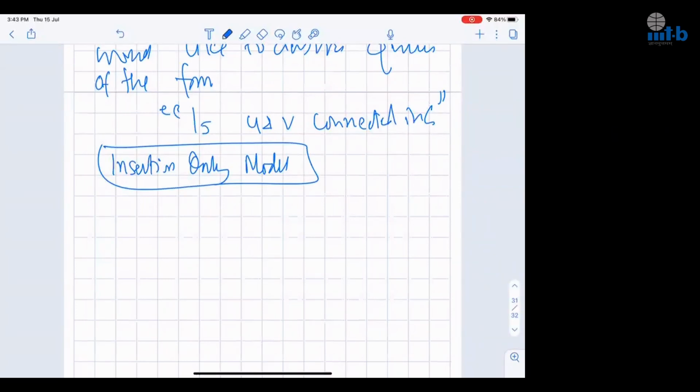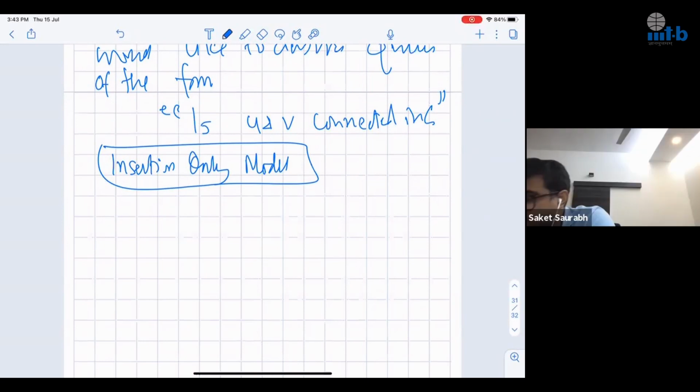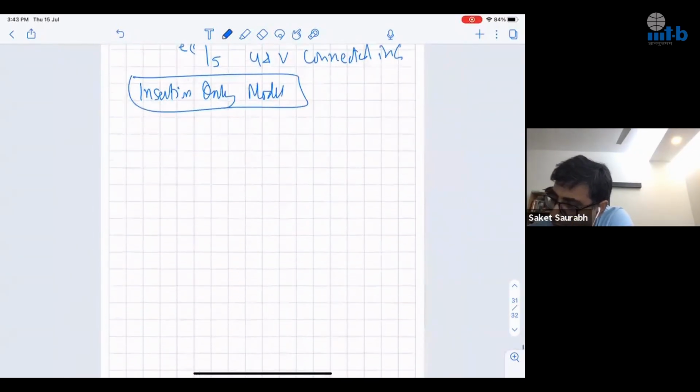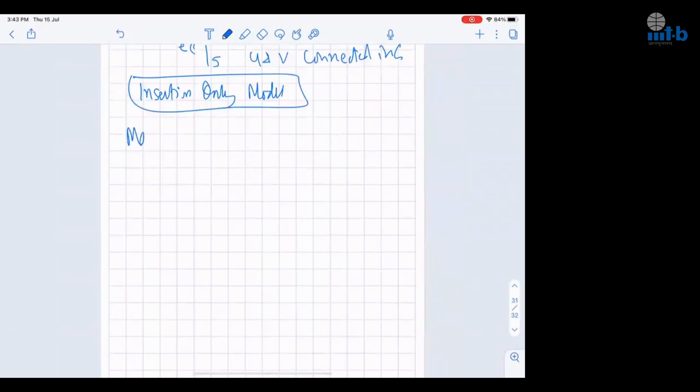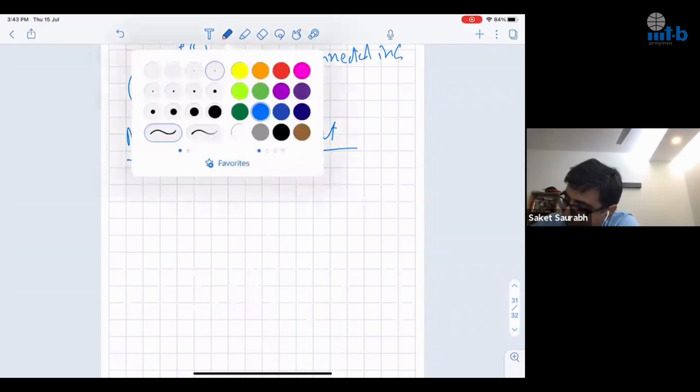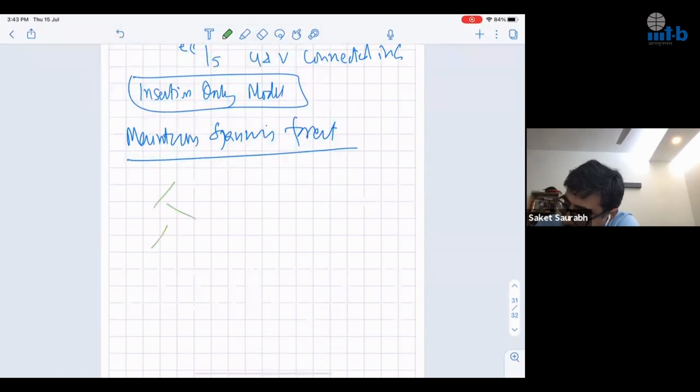Yes, sir. So just to put this into human language, what we will do is maintain a spanning forest. At any point of time, we are keeping this spanning forest of my graph.